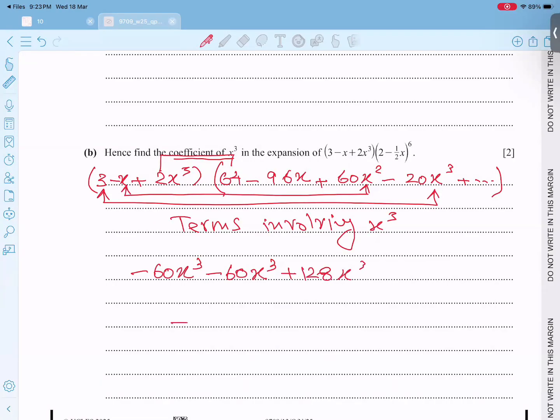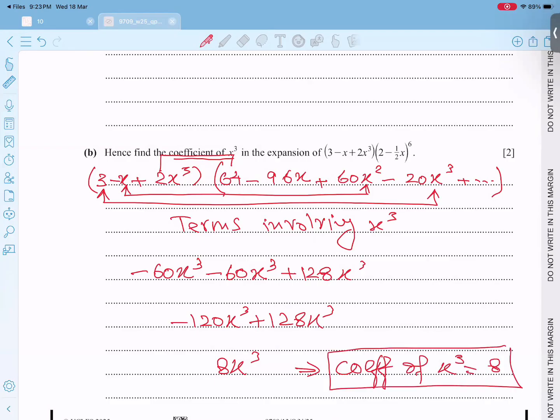And I get 120x cube, and here 120x cube. So positive 8x cube, and he is asking for the coefficient. Then what is the coefficient of x cube? That turns out to be only 8.